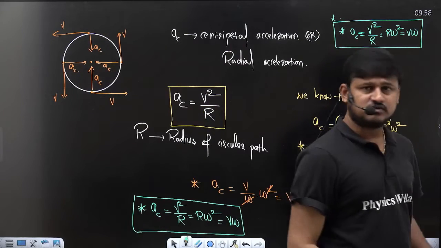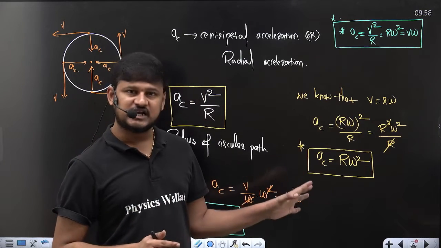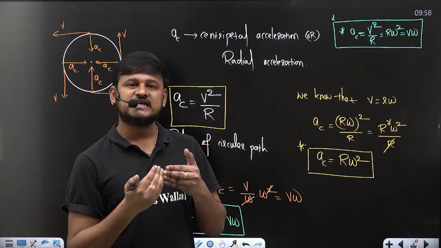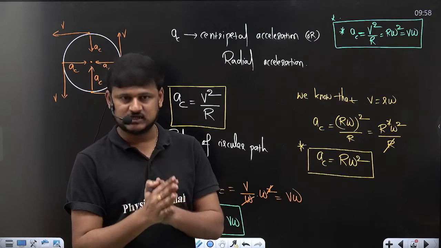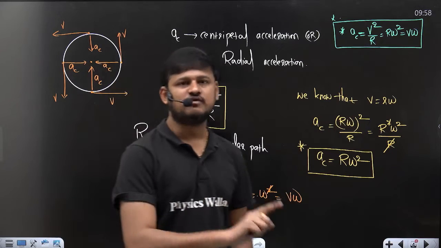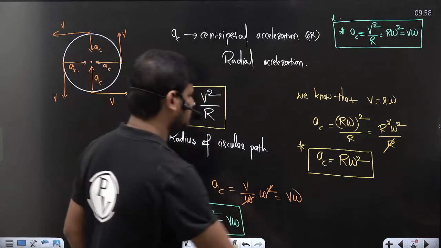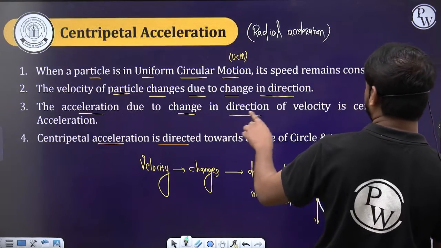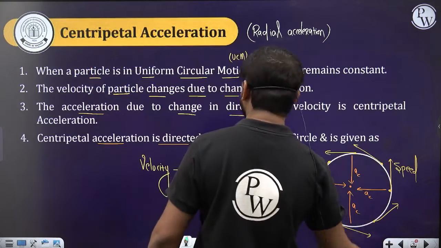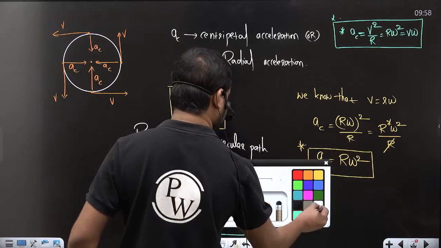The only thing that you have to understand is that the centripetal acceleration will always act towards the center. It is due to the change in the direction of velocity, that's what we wrote. And one more point, write down here.